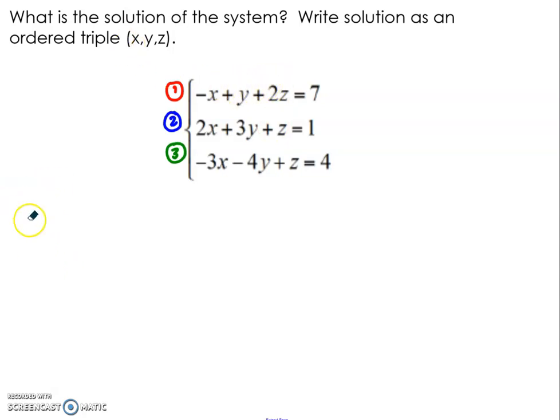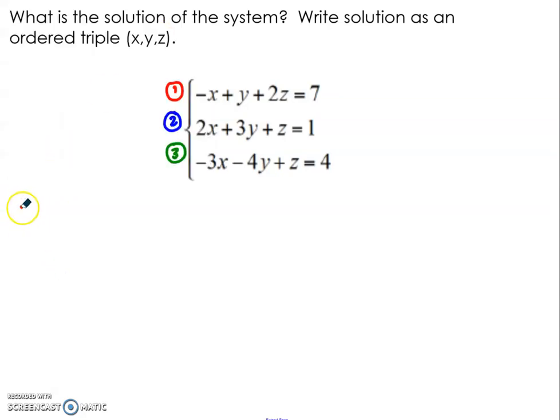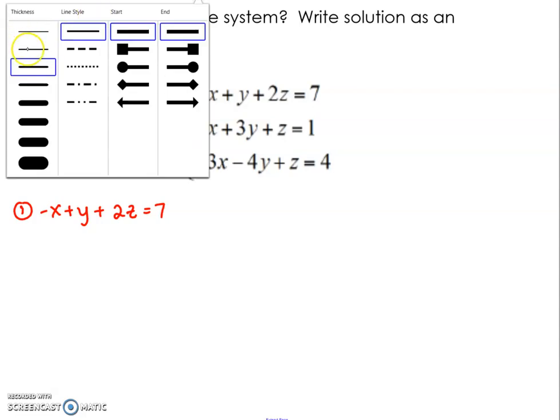So I'm going to do 1 and 2. Let me change my line here. So I'm going to do 1, which is negative x plus y plus 2z equals 7. And I'm going to do 2, let's say.